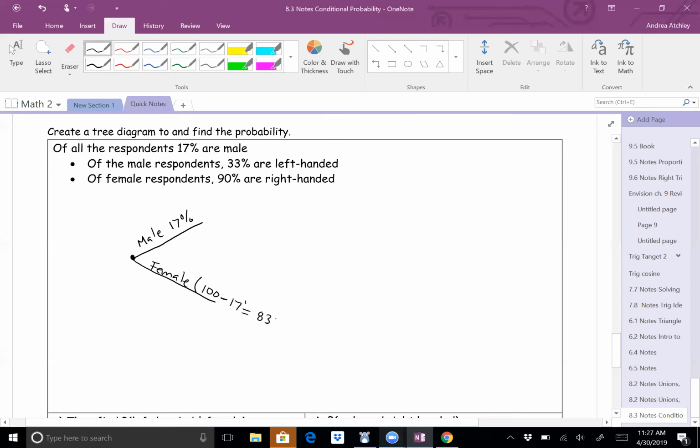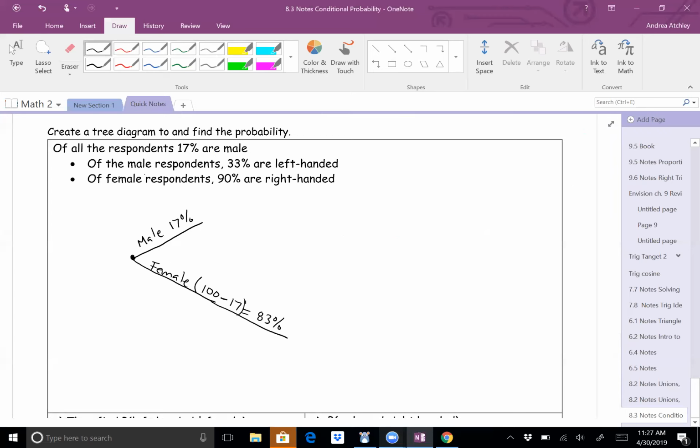So 83% of my respondents were female. Does that make sense? So you're always going to subtract it from 100. Always assume it's going to be two options. It's not going to have 3 or 4 options because that will get too complicated and you wouldn't make a tree diagram out of it.